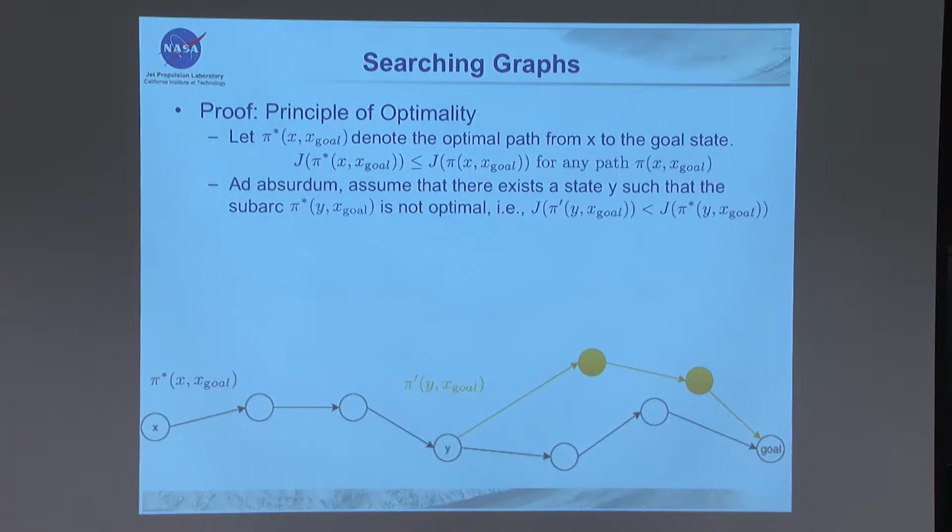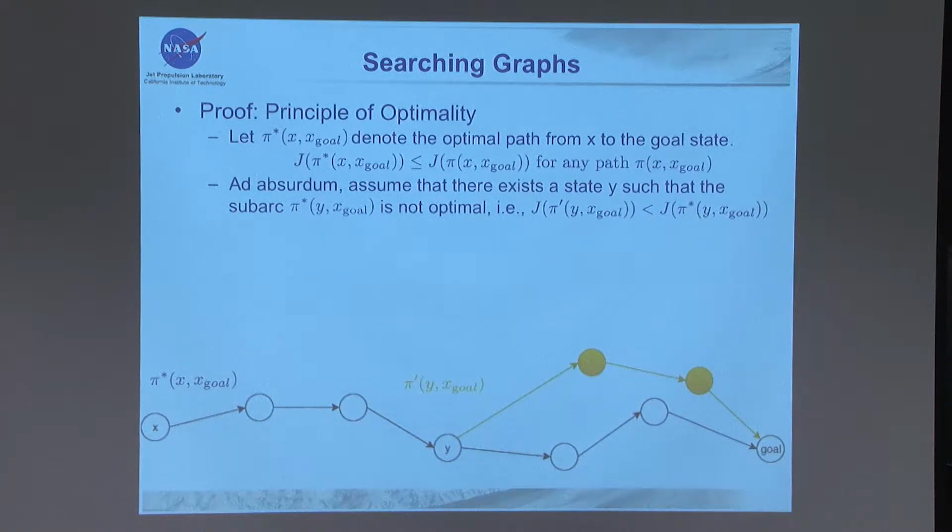Let's assume this is not the optimal path. That means this yellow path has a better cost, and the cost of this alternative path is better than the cost of this sub-arc. So now, back to our original path. Starting from x, we have two alternative paths, right?